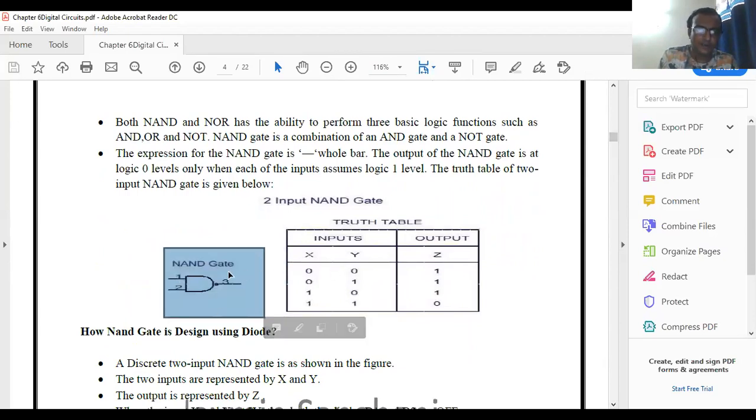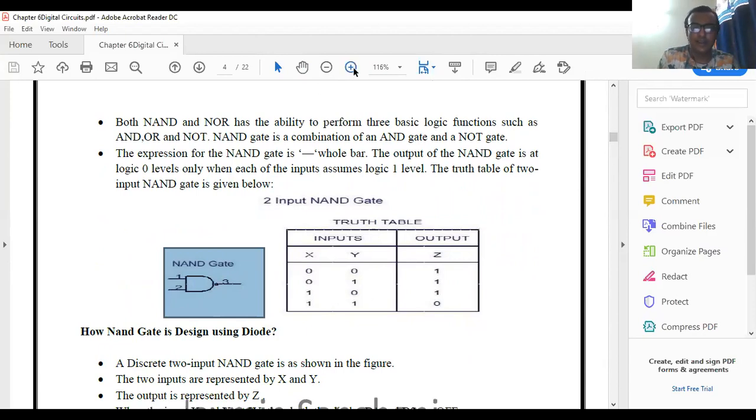If you apply 0, 0, then AND gate output is 0. But if you apply it with NOT, then 0, 0 output is 1. 0, 1 output is 1. 1, 0 output is 1. 1, 1 output is 0. Then what is the meaning of this?